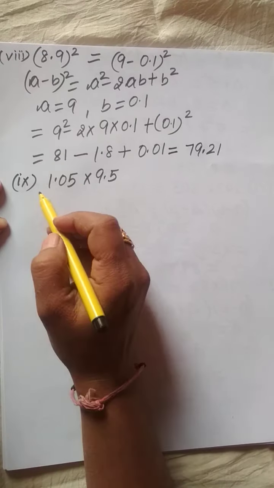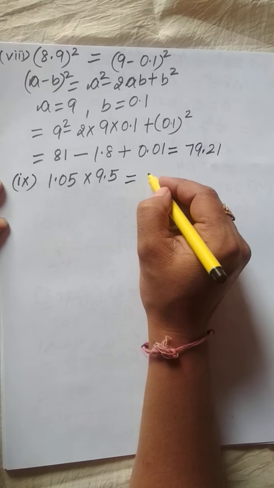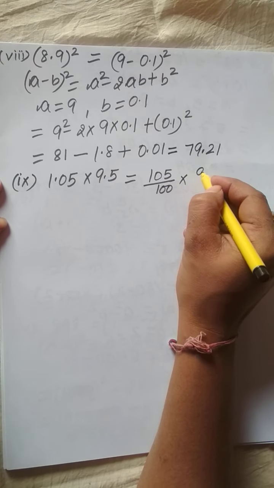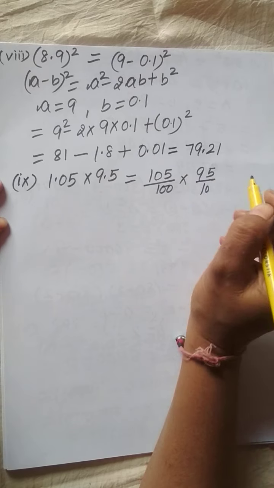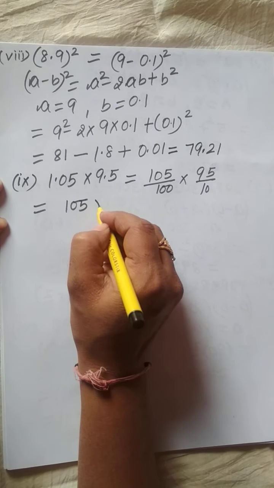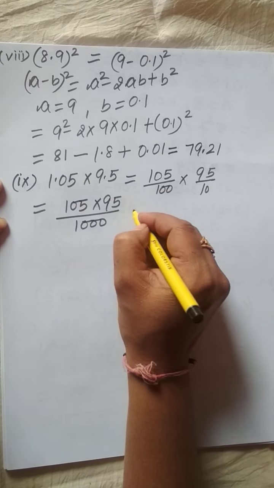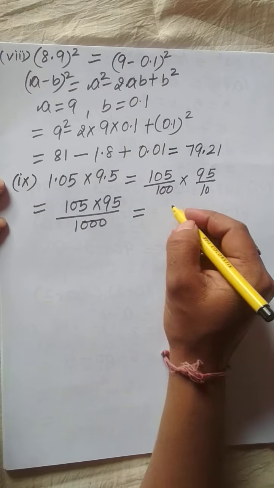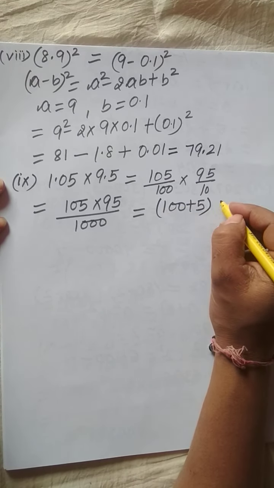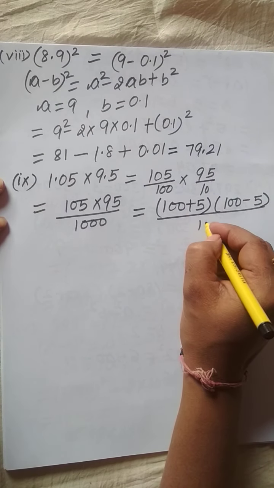Next part is 1.05 multiplied by 9.5. It can be simplified as 105 divided by 100 multiplied by 95 by 10, which is further written as 105 multiplied by 95 divided by 1000. Now 105 and 95 can be written as (100 plus 5) and (100 minus 5) upon 1000.